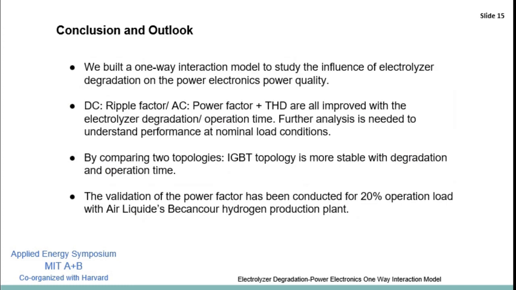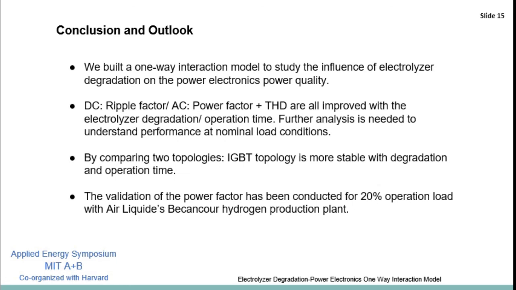Here comes the conclusion part. In this study, we built a one-way interaction model to study the influence of electrolyzer degradation on power electronics performance. For our Beacon-core plant, all power electronics evaluation parameters, including the DC ripple, AC power factor, and THD, are improved with the electrolyzer degradation.